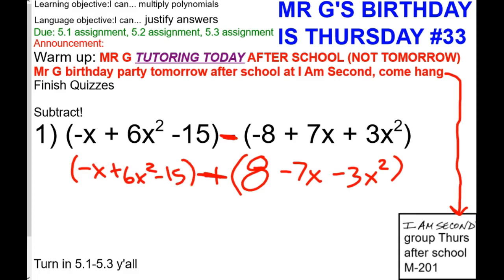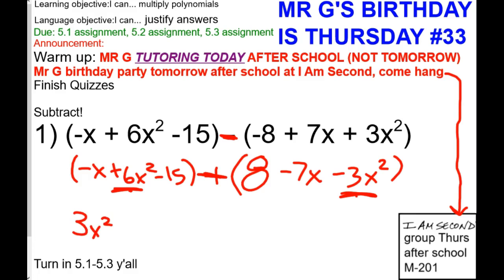And now all we got to do is combine like terms. Now, highest power is second power. So positive 6x squared minus 3x squared. These are out of order on purpose, so you can collect them. So 6 minus 3. The x squareds combine, right? 6 minus 3, 3x squared.